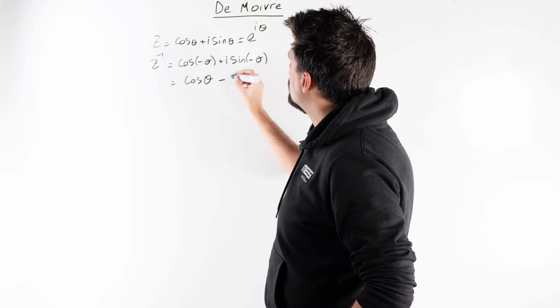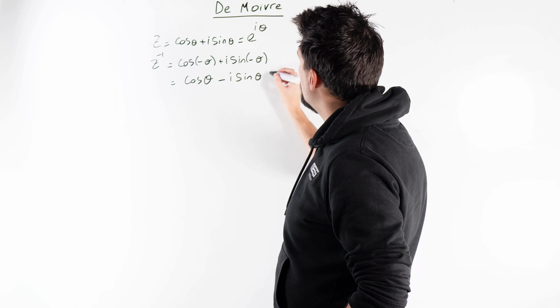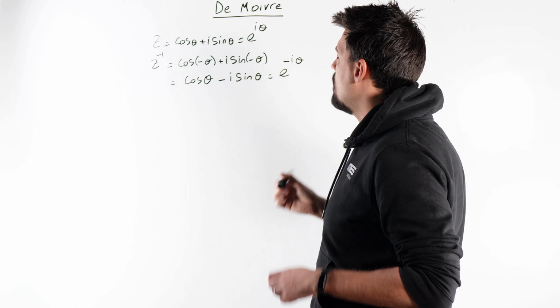But cos minus theta is cos theta, and sine of minus theta is minus sine theta, which is also e to the minus i theta.